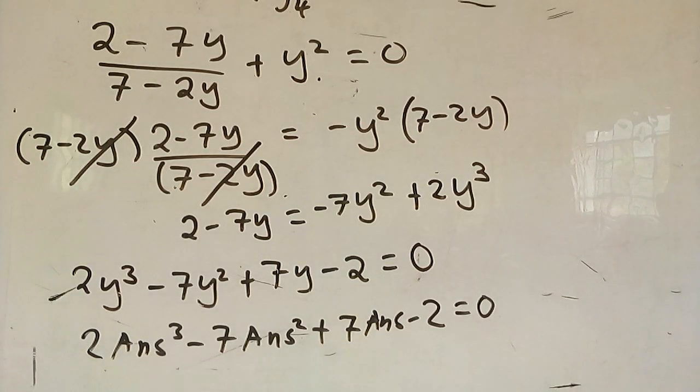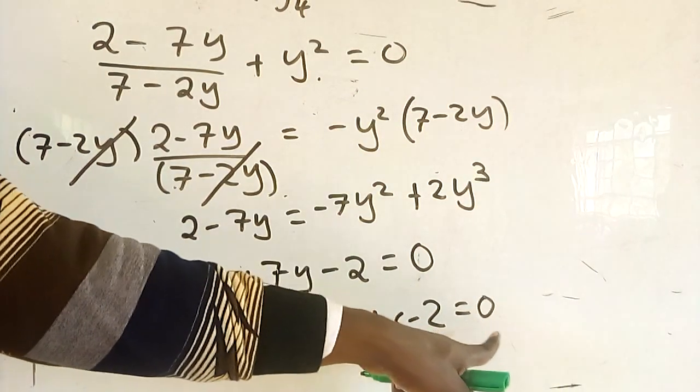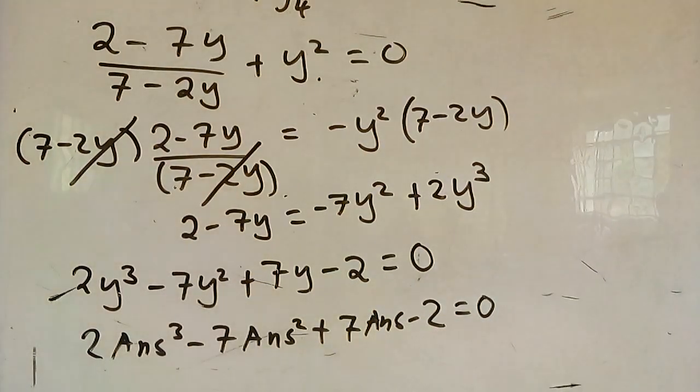What do you get? The answer is 0. If you get 0, that means it is a root. So y equals 1 is one of the roots. We found one of the roots, y, to be 1.